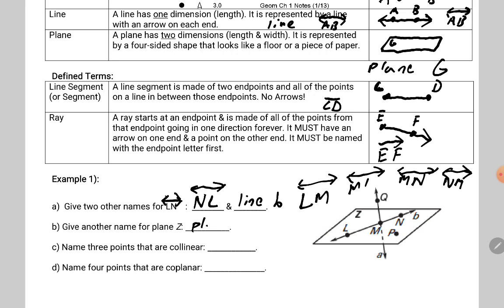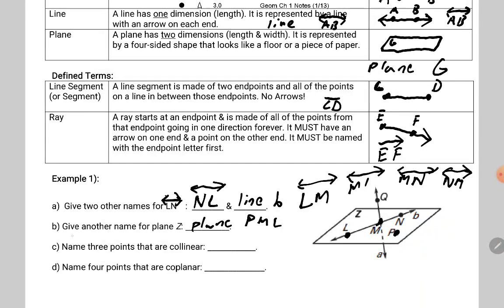So I can say plane PML. P right here, M, L. What's important when you're naming these is you can't just choose any 3 letters on the plane.